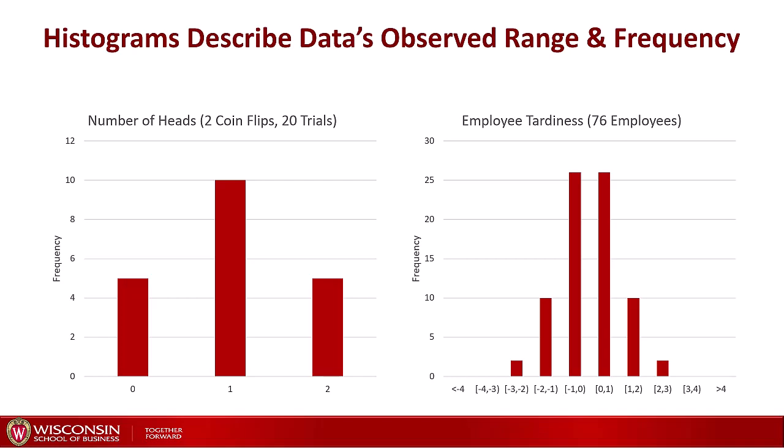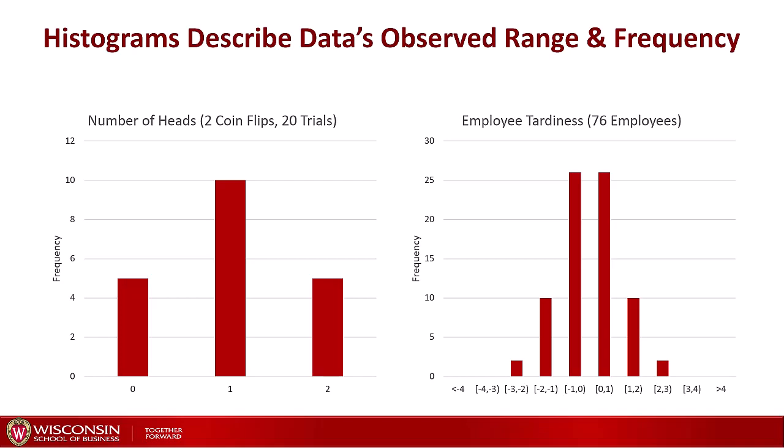The height of these bars represents the number of times that this outcome occurred within these 20 trials. On 5 of the trials, we received no heads. On 10 of the trials, we received one head. And on 5 of the trials, we received 2 heads.